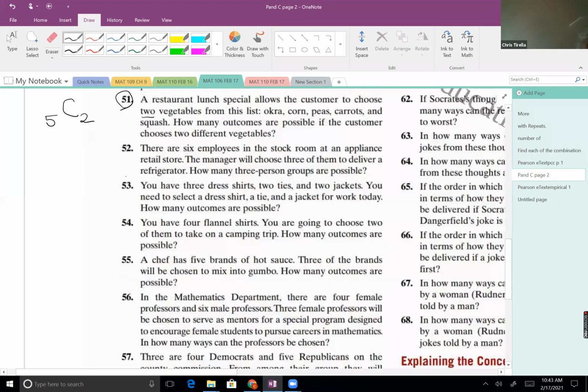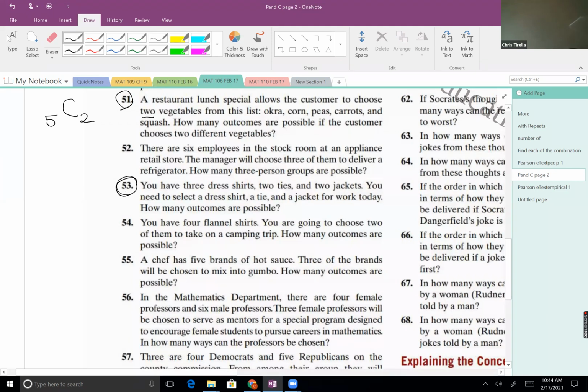Now I want to skip down to 53. 53 says you have 3 dress shirts, 2 ties, and 2 jackets. You need to pick 1 dress shirt, 1 tie, and 1 jacket to wear to work today.